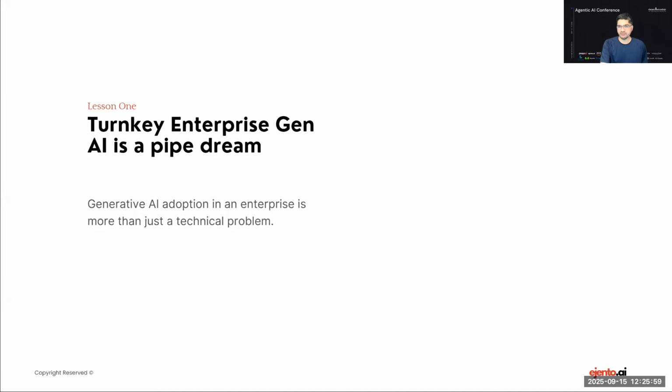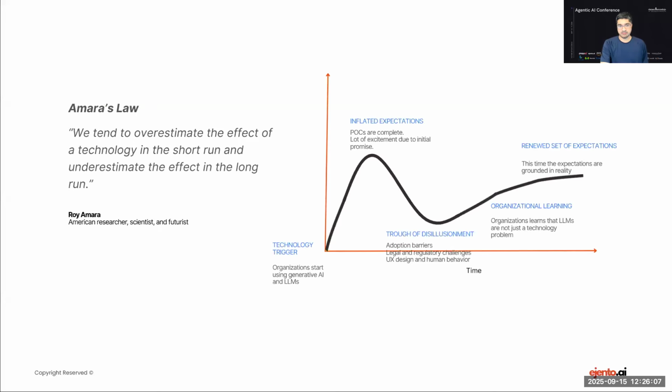You have to tweak it. You have to build it. And there will always be some aspect of working on these applications. And this is the idea that when a technology trigger happens, case in point, ChatGPT, Claude, Gemini came out, the expectations are inflated.